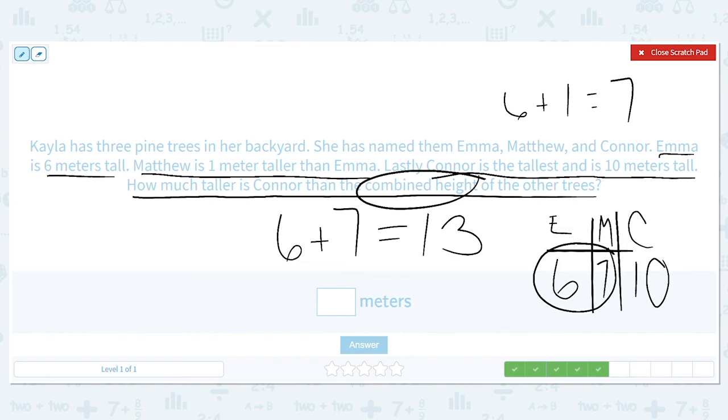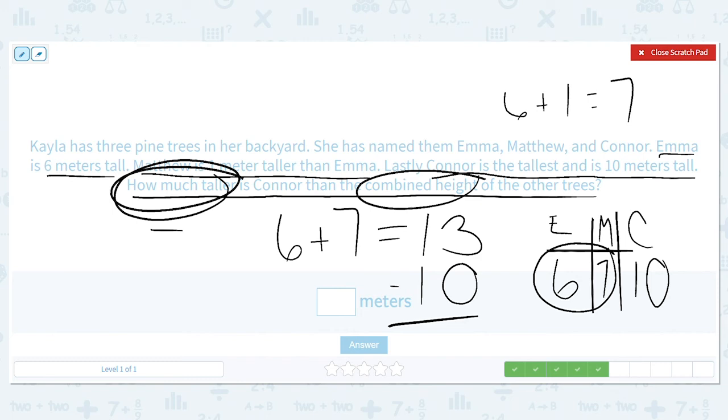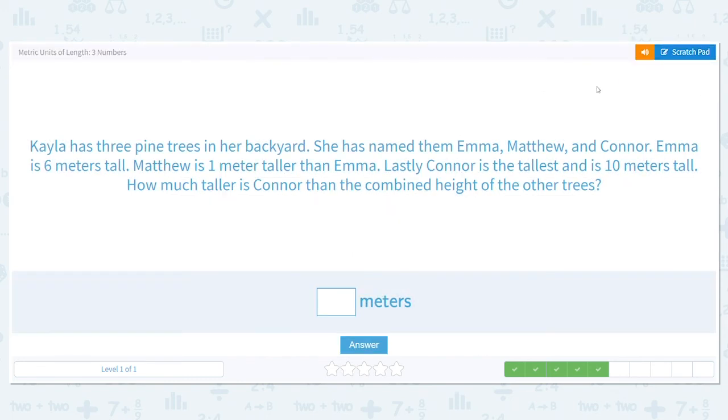And then we have Connor. So what do I do with the 10 and the 13? It says how much taller. We're comparing, so that means subtract. So 13 minus 10 equals 3. There is a difference of 3 meters.